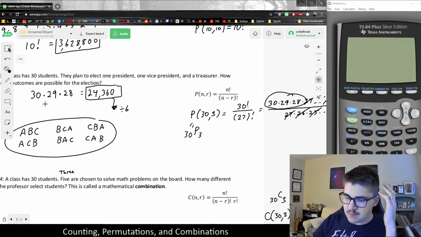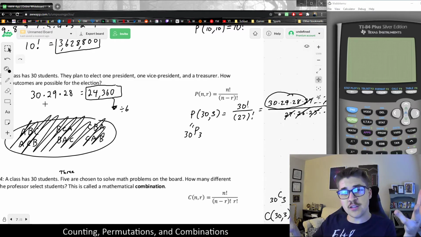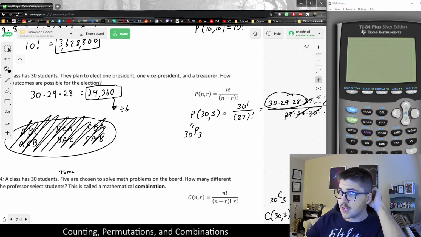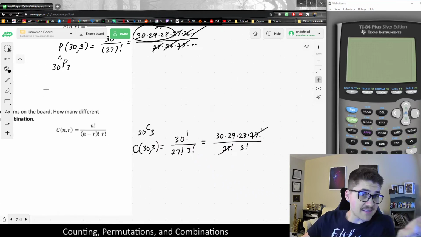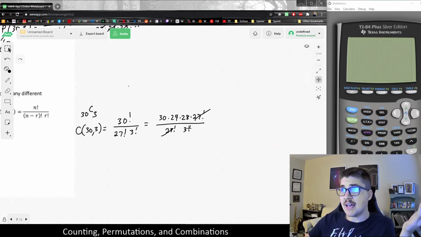Basically, permutations count all of the arrangements. If we want to remove the duplication, we just divide by the number of permutations of those objects, which in this case is 6 ways to permute 3 objects. And that's all this formula is doing. It's introducing a division by r factorial, which cancels out those cases where we're counting order.